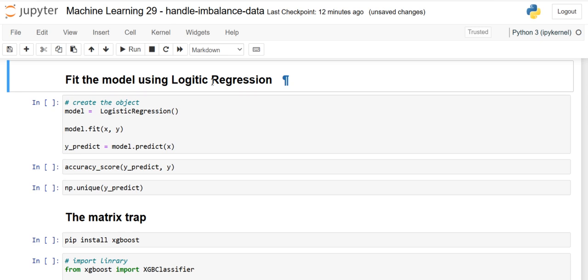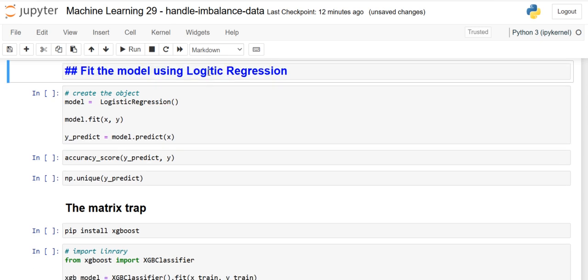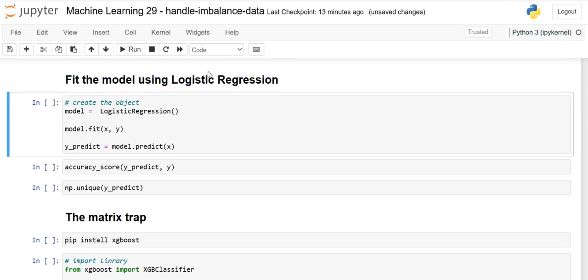Coming to the regression part here, I just missed an S; I include logistic regression. This logistic regression is a classification model, so don't get confused. We will discuss further why logistic regression, despite being named regression, comes under classification models.